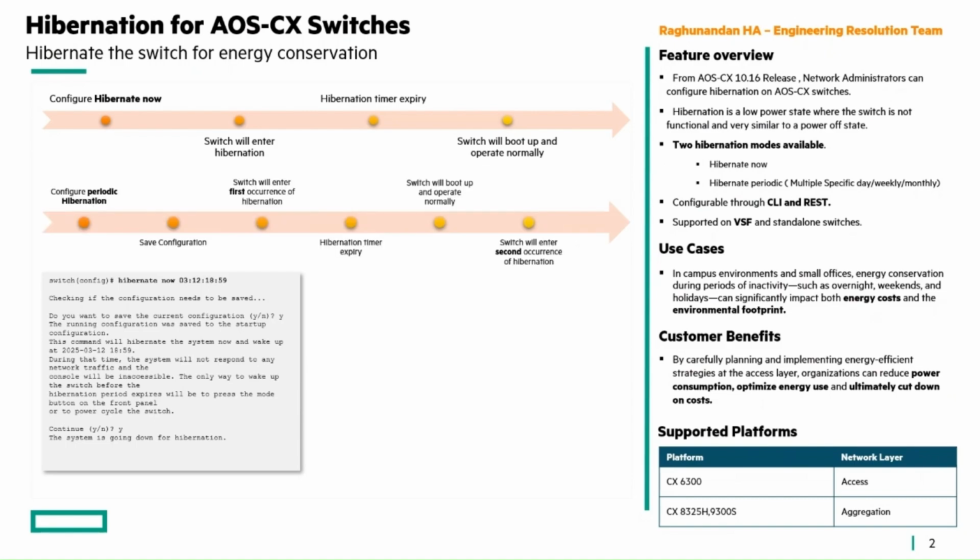Next, this is the flow of periodic hibernation. Unlike hibernate now, as soon as you configure the hibernation, the switch will not go into hibernation, but you can configure recurring hibernation here. It allows the recurring days to be set as daily, weekdays only, weekends only, or any individual day of the week like Monday, Tuesday, Thursday.